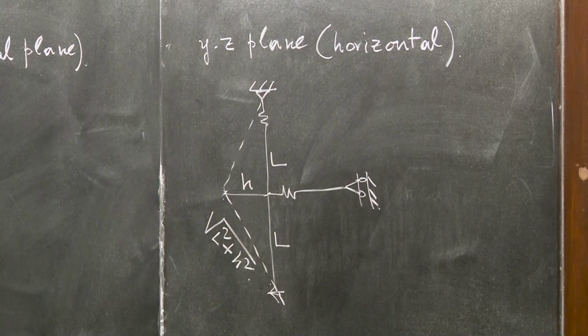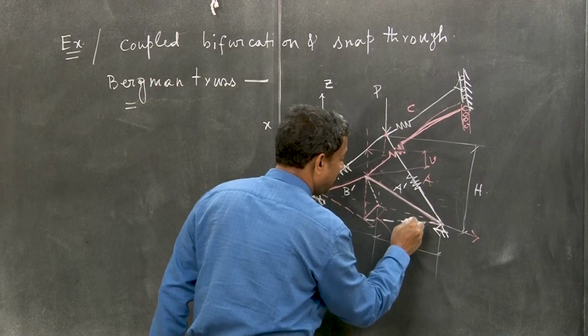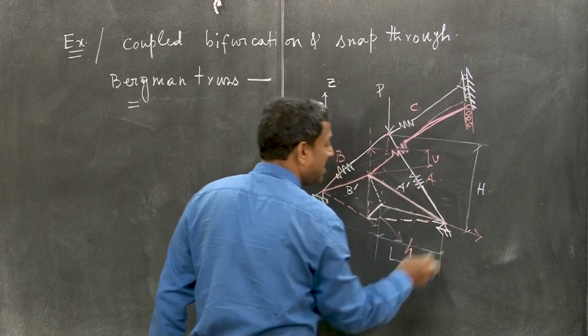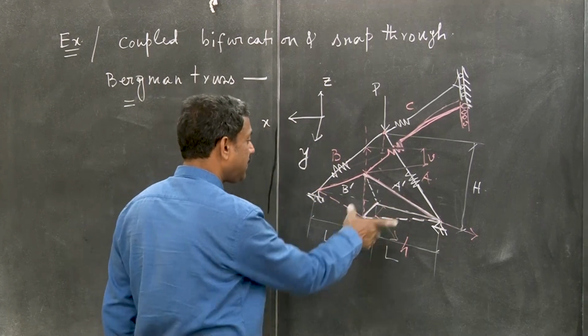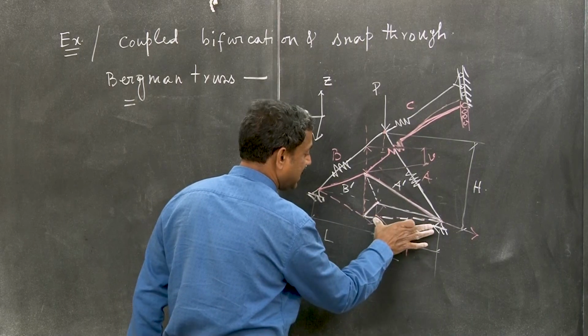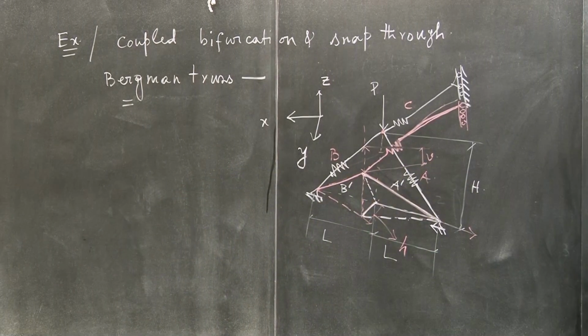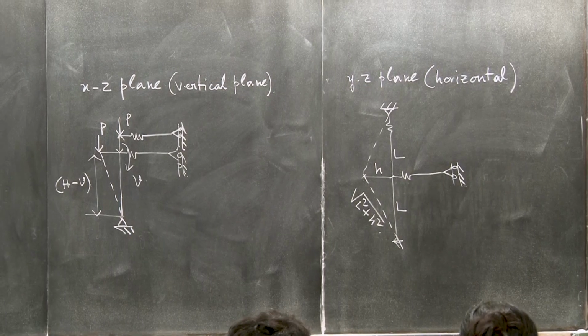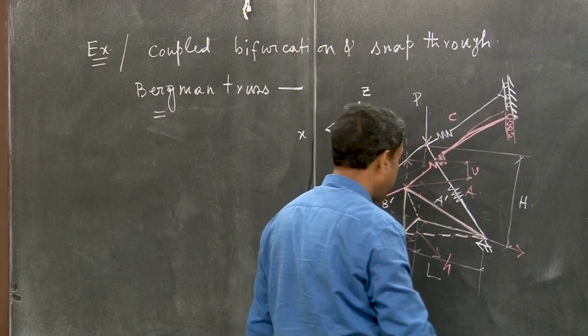This length is the same as this length, L square plus h square, and this one is nothing but H minus V.